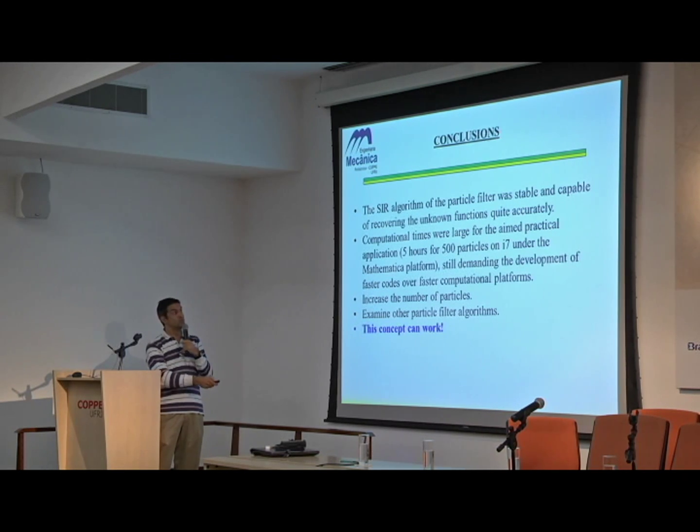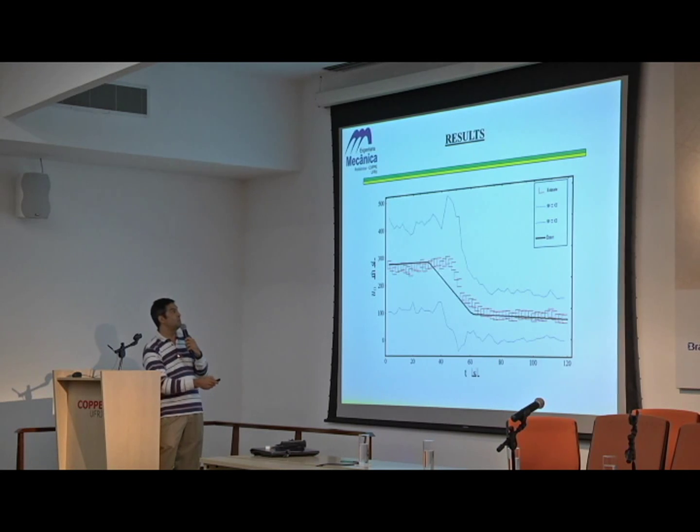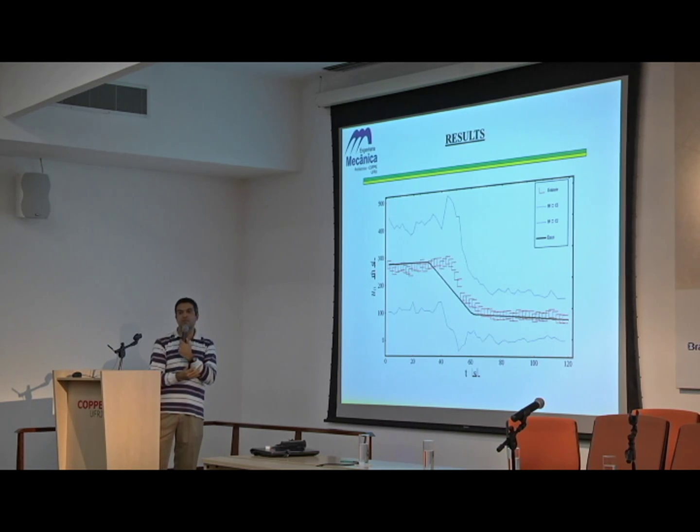It was not done with any kind of parallelization or anything like that. So we still need to develop faster codes on faster computational platforms, examine other particle filter algorithms, and also try to see if these uncertainties can be decreased by increasing the number of particles. This is usually the case.